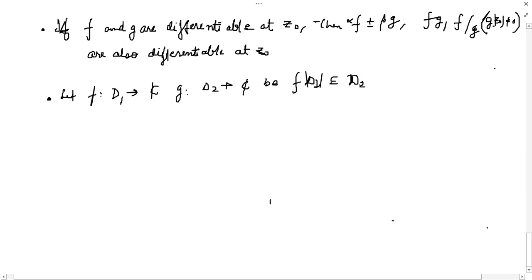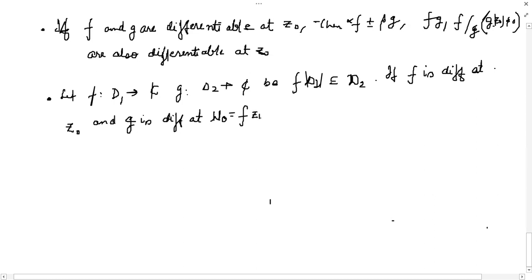Range of d1, range of f is contained in d2. Now if f is differentiable at z naught and g is differentiable at, let us say, w naught, where w naught is what?